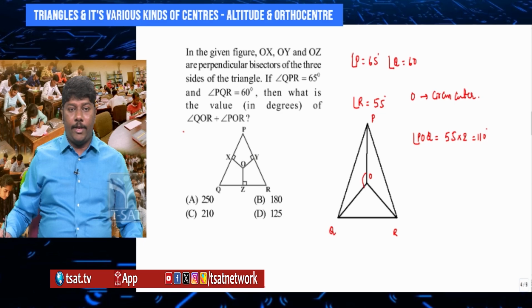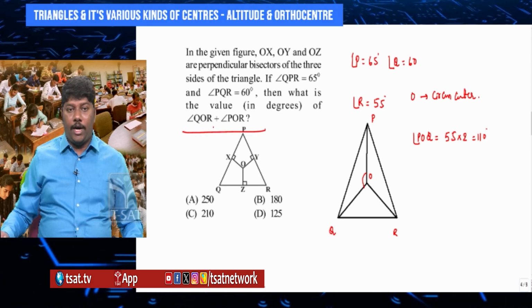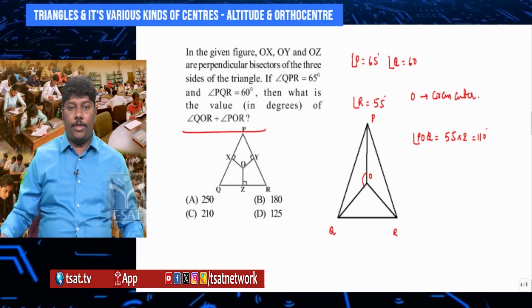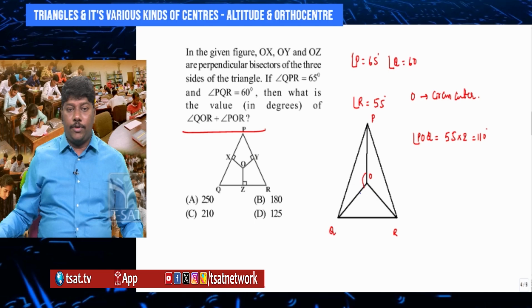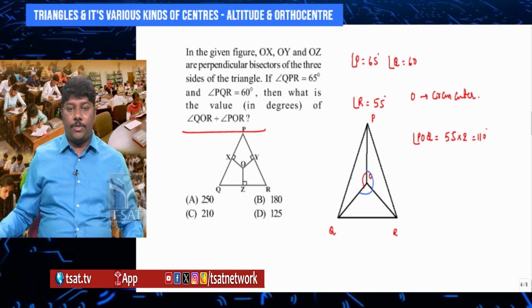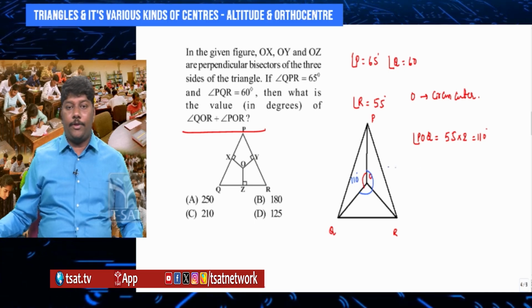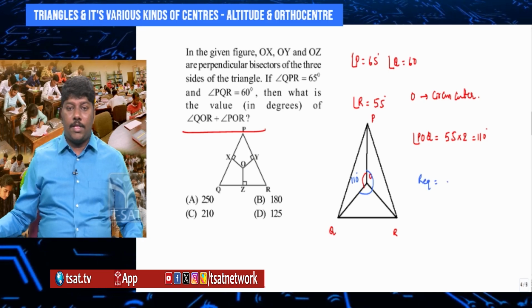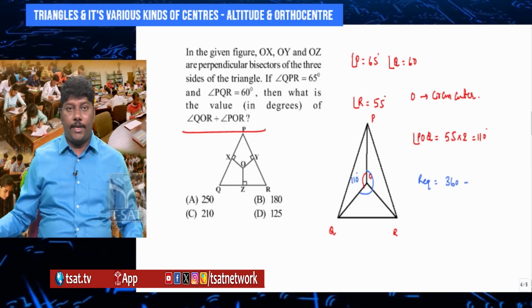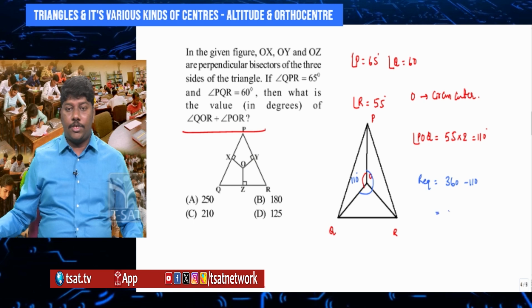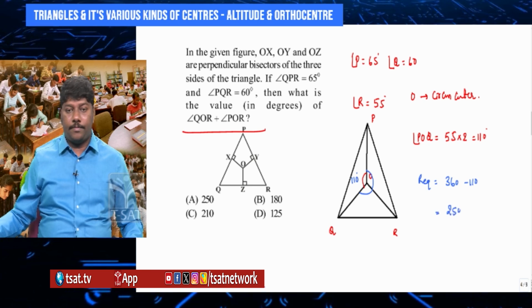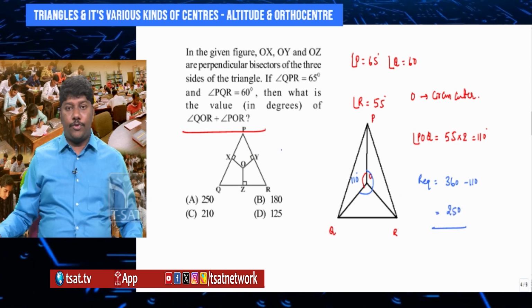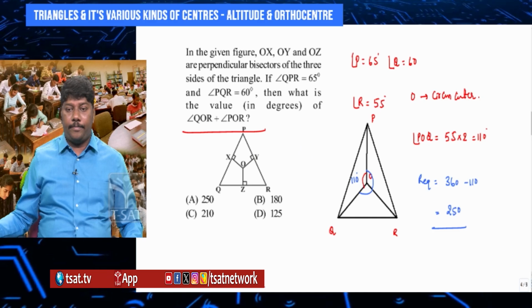He is asking for the value of QOR plus POR, so you need the rest of the angle. If this is 110, the complete angle is 360, so the required angle is 360 minus 110, which is 250 degrees. So the answer is 250 degrees.